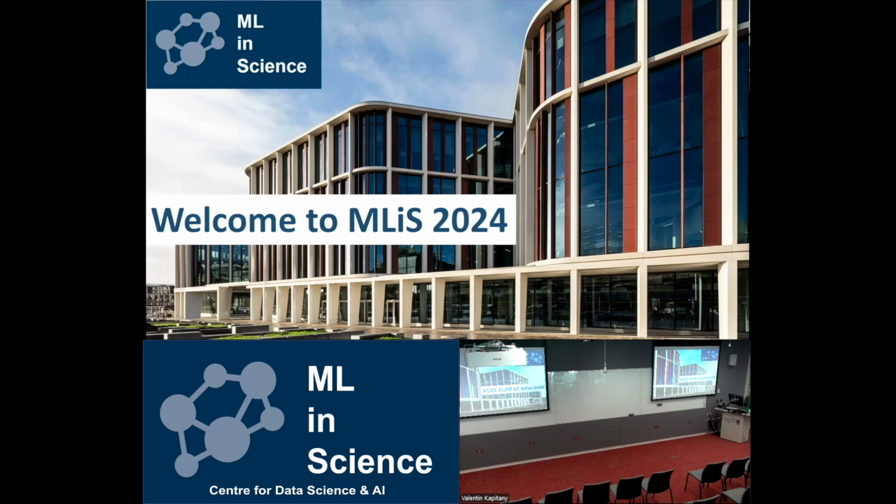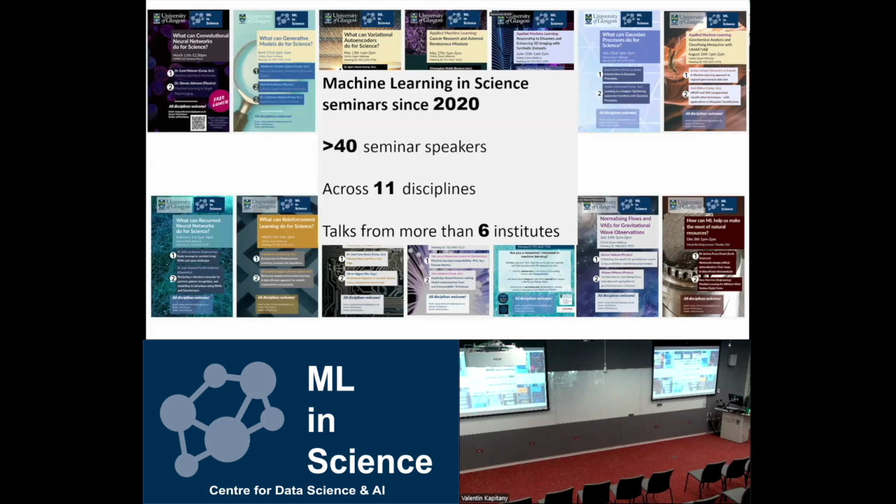So welcome to Glasgow and the Machine Learning Science Conference. The Machine Learning Science seminars are a talk series that were primarily student-led, and we started up in 2020, and we've had over 40 different speakers across 11 different disciplines and 6 institutes.